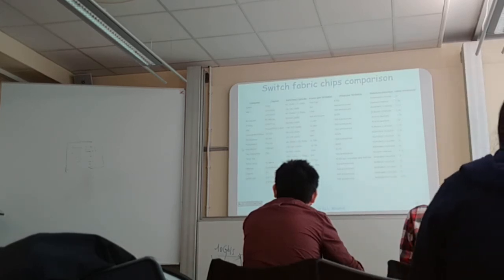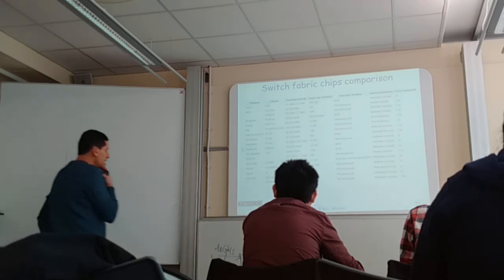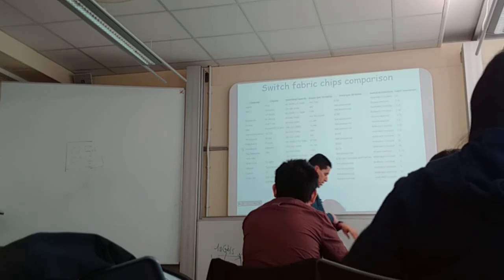The last 3 are crossbars, maybe the majority are crossbars. A couple of them are buffered crossbars, and the other ones are shared memory, I think 3 or 4. So these are maybe the most popular types of architectures you will find, just for your reference. I think this is the last slide of the previous lecture.